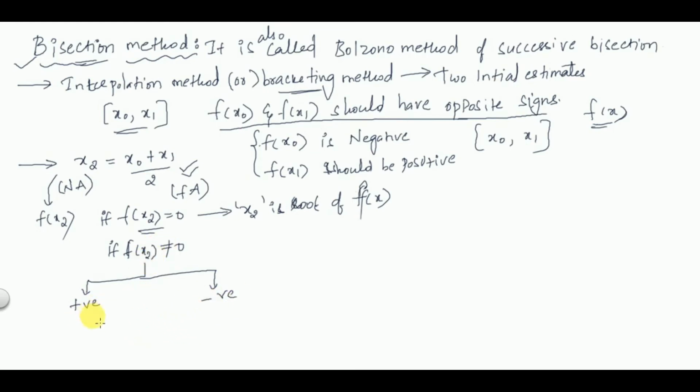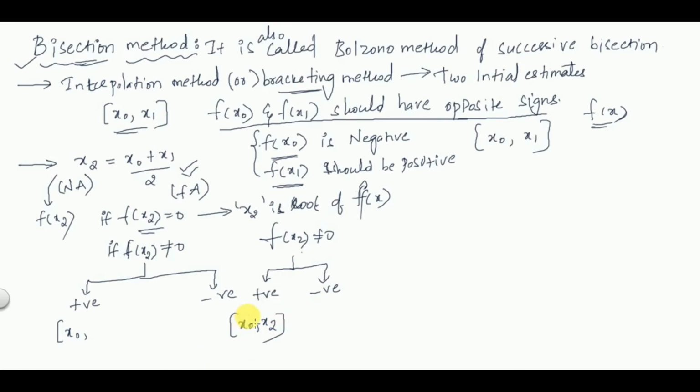If f of x2 is positive, then here f of x1 is positive and f of x0 is negative. So the root now lies between x0 and x2.